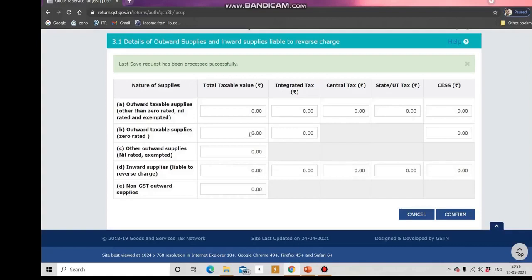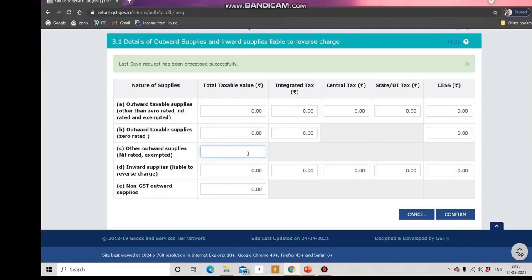So if he is paying IGST, we have to enter both taxable value over here and the IGST to be paid over here. And if he is taking the second option, that is not paying tax at all, then we have to just enter the taxable amount over here. Third one is other outward supplies, that is nil rated and exempted supplies. Both, as we saw earlier, such supplies we need to enter over here.